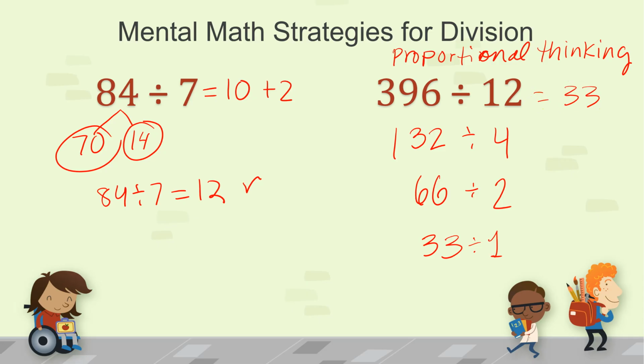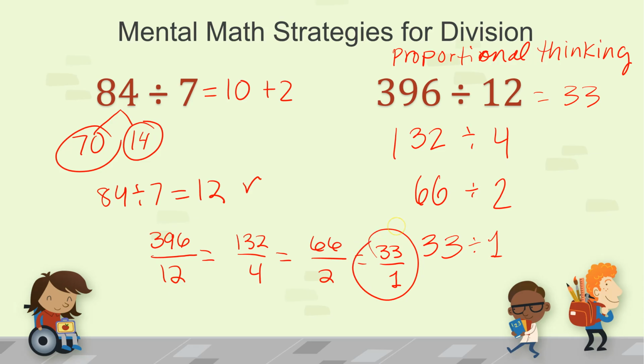Now, I avoided writing the fraction, but maybe it makes more sense if I write that in a fraction, right? So I would say 396 over 12 is the same as 132 over 4, is the same as 66 over 2, and is the same as 33 is to 1.